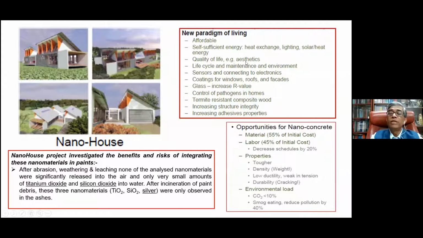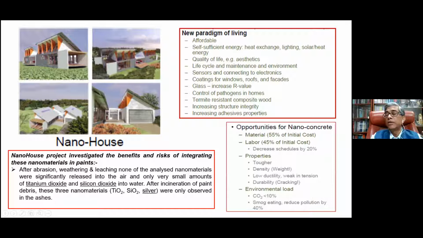We can develop different aesthetics. They have a different life cycle and maintenance. We can connect it to different sensors and electronics, which control weather and other atmospheric conditions. We have special coatings, and we can give thermal composites and improve structures.